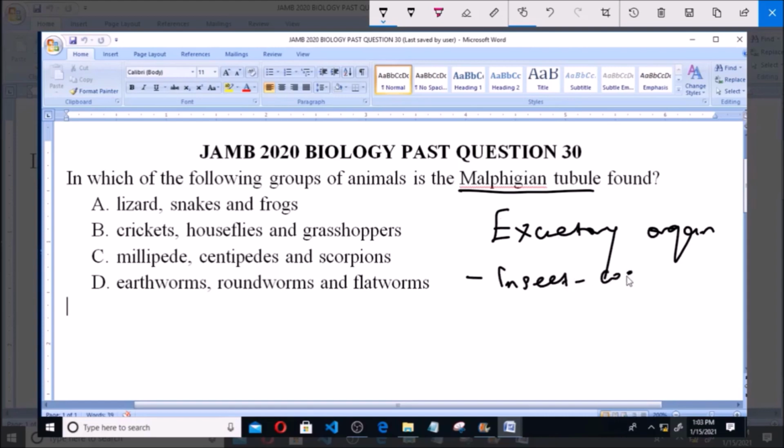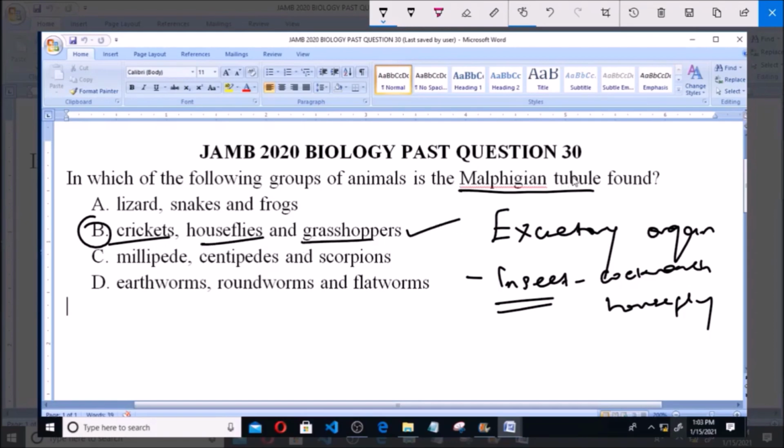Insects like the cockroach, housefly, and the rest. It enables these insects to remove their waste from the body to the surrounding. So the Malpighian tubule is the excretory organ of insects. From the options, you see that option B has the group of insects: crickets, houseflies, and grasshopper. All these have Malpighian tubule as their excretory organ because they belong to the class Insecta.